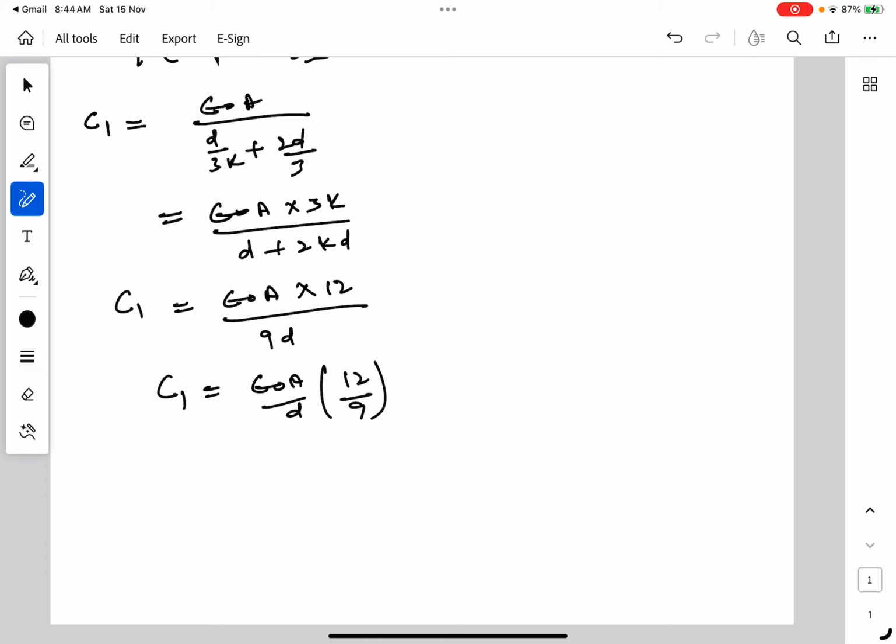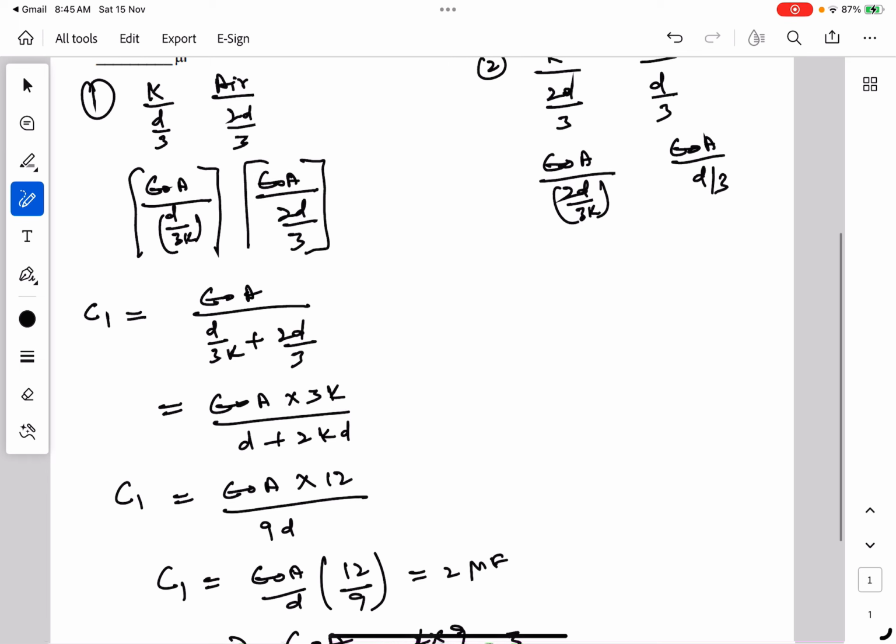And in the question we are given C1 is equal to 2 microfarad. So this gives us epsilon naught A upon D equal to 2 into 9 upon 12. This is equal to 3 by 2.